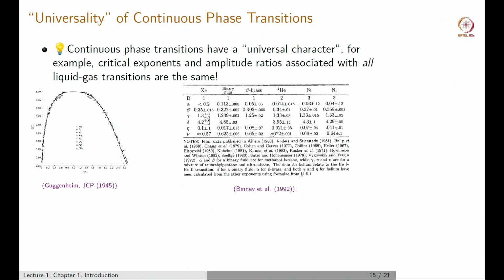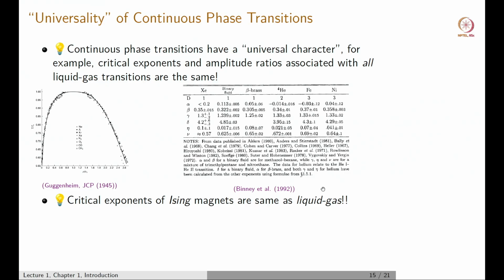They have the same criticality. Then there is this helium system which has one kind of criticality, and then there is iron and nickel which have another kind of criticality. So the critical exponents of a variety of systems turn out to be the same, but different kinds of continuous phase transitions have different critical exponents.